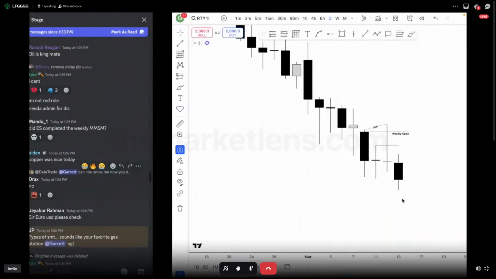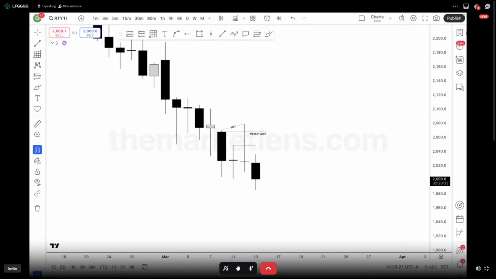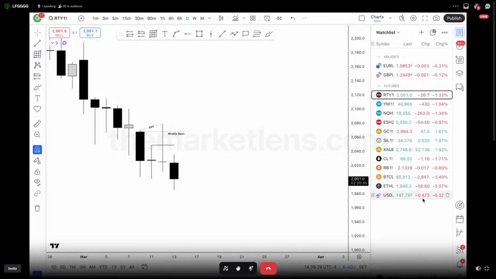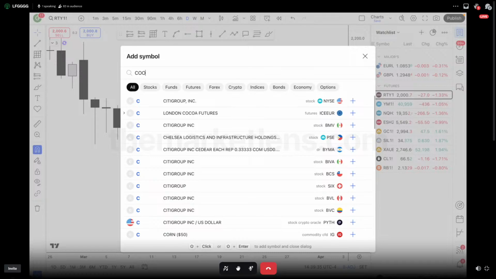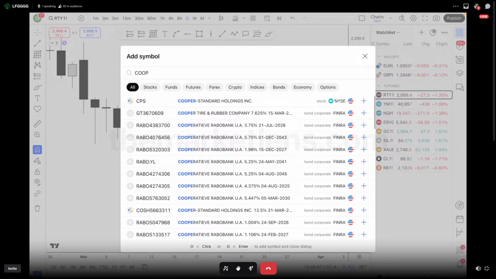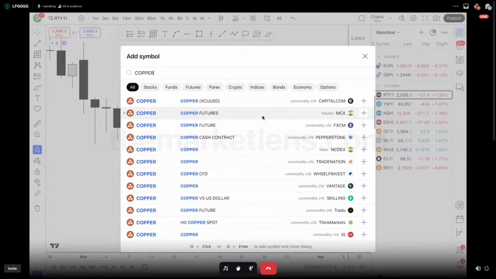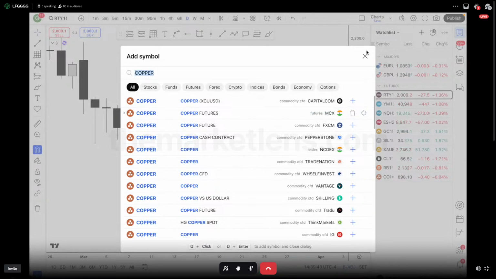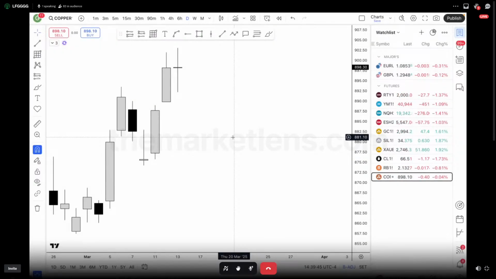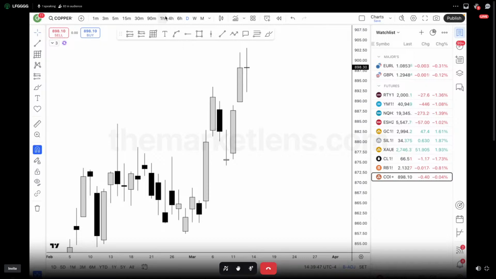Copper was nice. Let's look at it. Let me delete all this stuff. Copper. See, I just spelled copper wrong. Now, which one is it? It must be this one, right? Oh, it's not this one, is it?